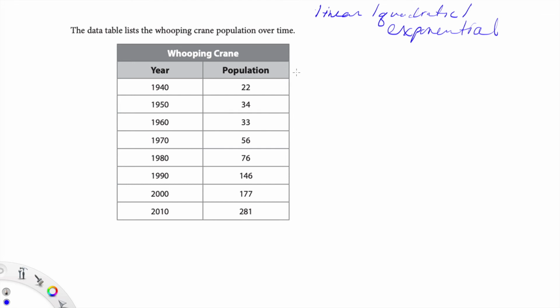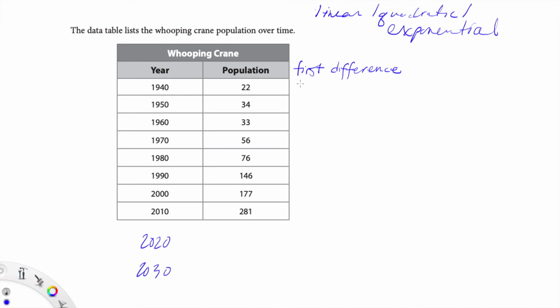So we're going to calculate the first difference and the second difference, and see if we can use a quadratic model to predict what will happen with the population of whooping cranes. If this data follows a quadratic pattern, we could create a quadratic function and then predict what the population will be in 2020 and then in 2030.